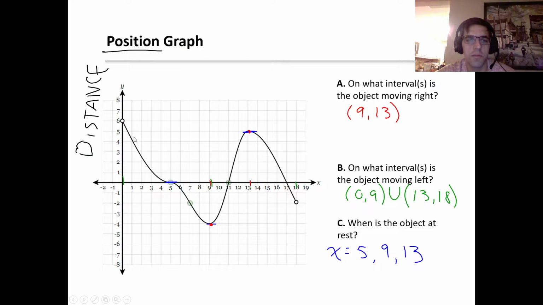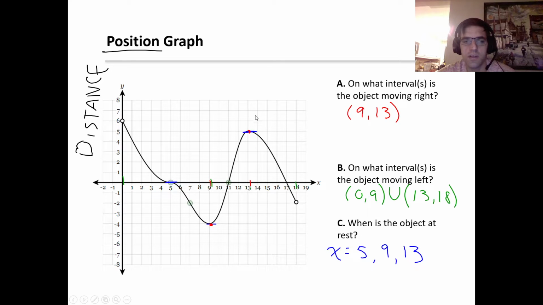Okay, so if we're looking at a position graph, our position is getting closer, stops for a moment, gets closer, or moves to the left, stops, moves to the left, same thing. And then it stops and it goes further away or moves to the right. Stops, rests, moves closer or to the left. So on what interval is the object moving to the right? Well, it's moving to the right as this position graph goes up.